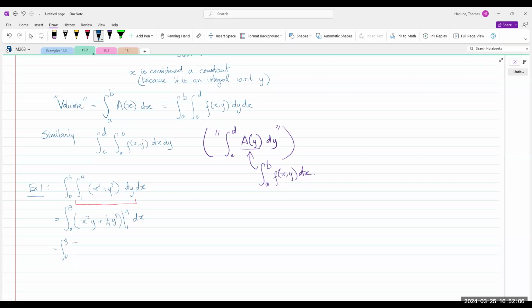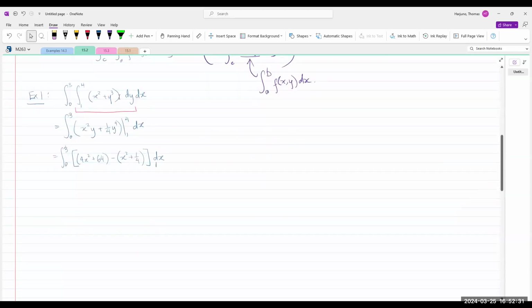So that will give me, the y will be 4. 4 to the 4 divided by 4, that's 4 cubed, that's 64, minus y is 1, that's x squared plus 1/4. Right? And then from there, let's combine like terms first.